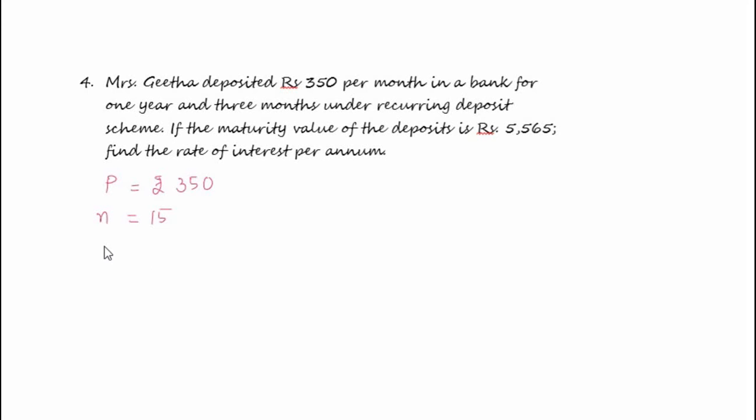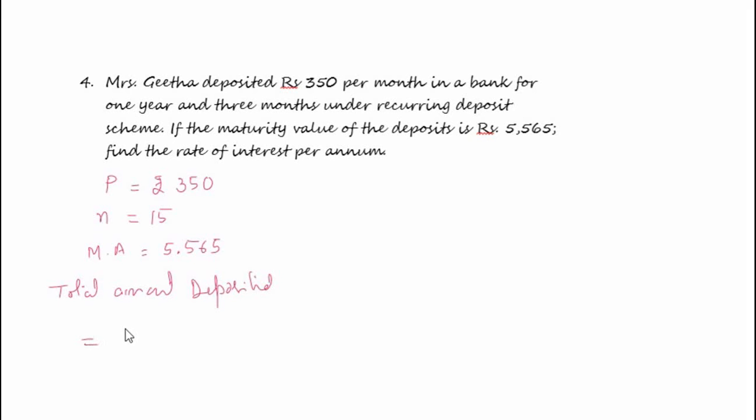So then what is given? Maturity amount. So maturity amount is 5,565. Now number of months is given and deposit per month is given. So what is the amount deposited?